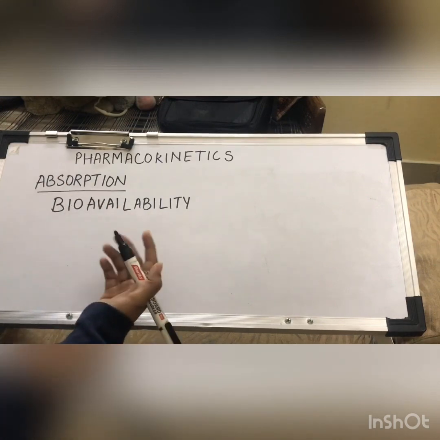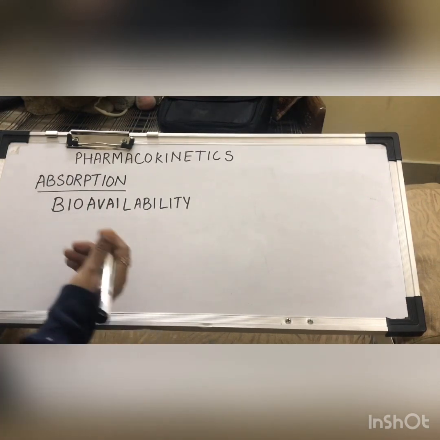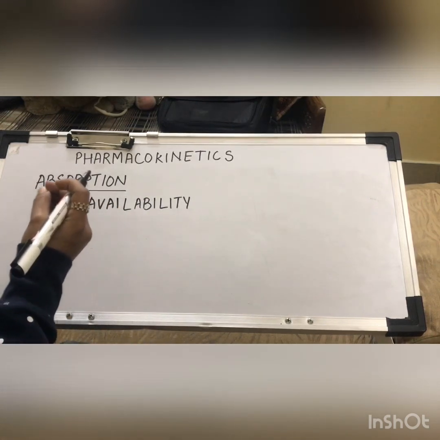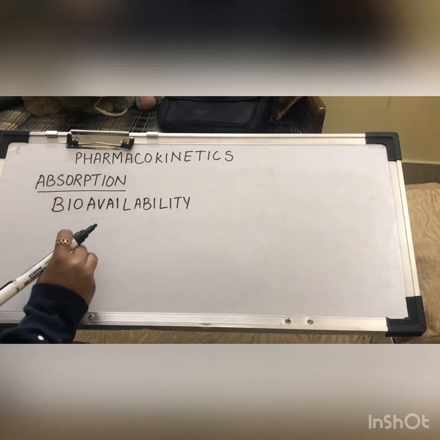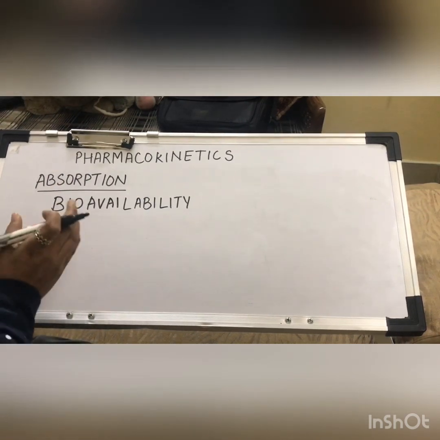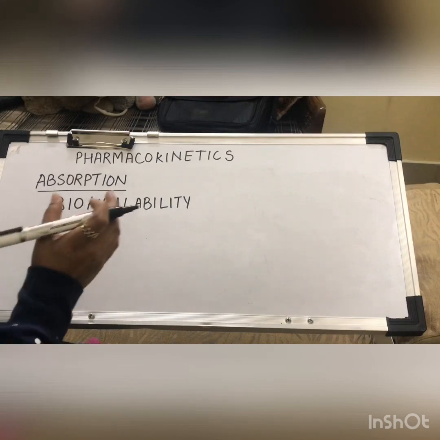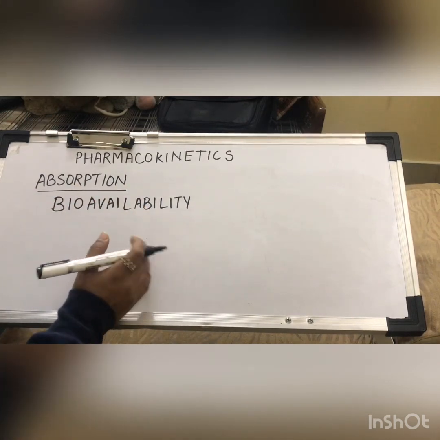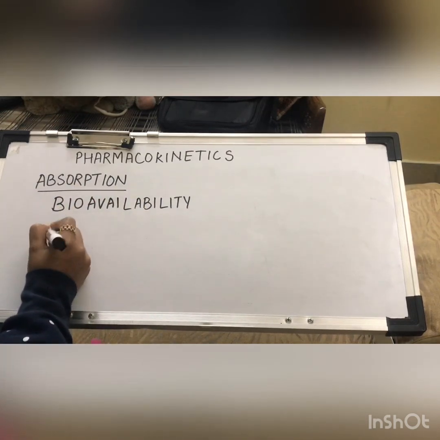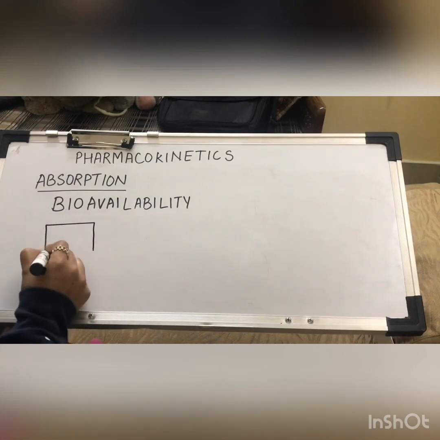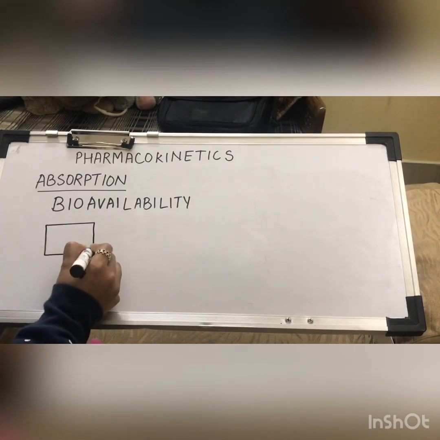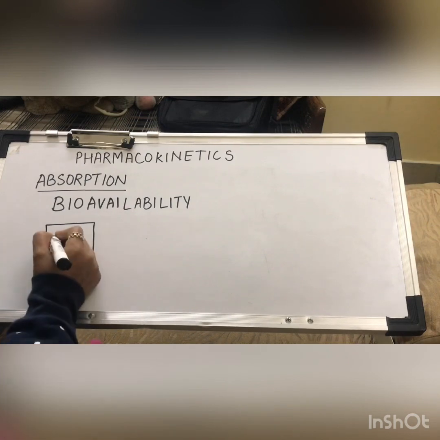As we have discussed so much about absorption, that absorption is when we are administering a drug, it gets absorbed from its site of administration to the bloodstream. But have we thought about how much amount of drug is being passed into the bloodstream?